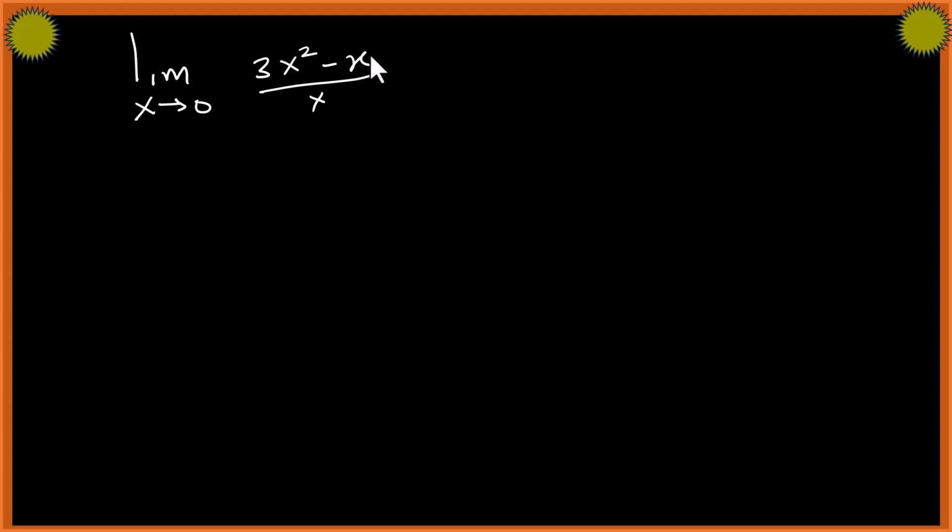So what we will do here is factorize x out of the numerator. So this will be x out, and I will be left with 3x minus 1 over x. So this x will cancel this x.